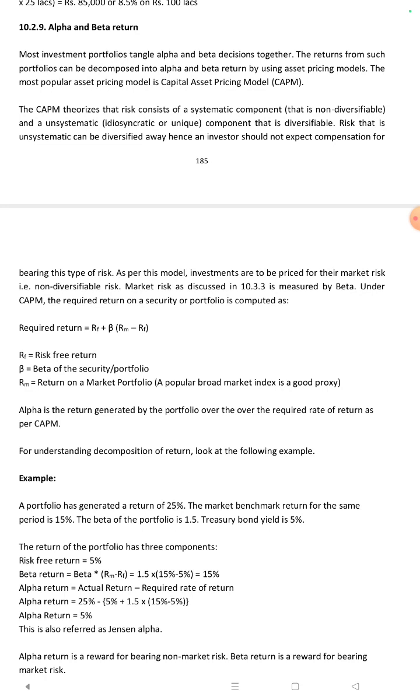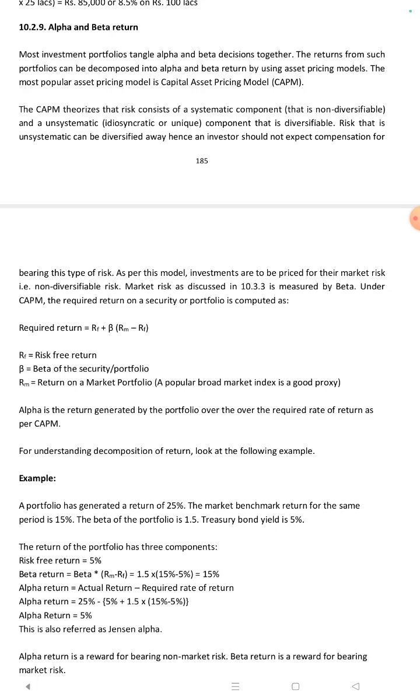Alpha and beta return. Most investment portfolio returns tangle alpha and beta decisions together. The returns from such a portfolio can be decomposed into alpha and beta return by using the asset pricing model, CAPM. The CAPM theory is that risk consists of a systematic component, that is non-diversifiable, and an unsystematic, idiosyncratic or unique component, that is diversifiable.